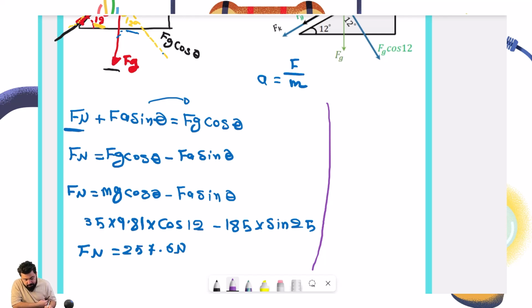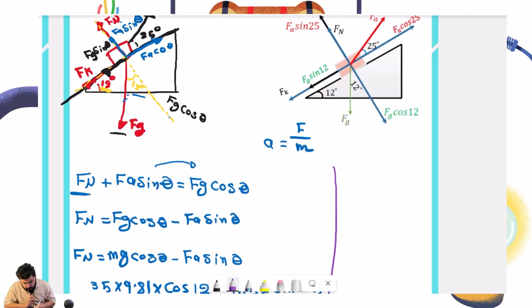We found Fn, and let's find the sum of all the forces on the x-axis. What do we have? Fx is going to be Fa cosine theta, which is on the positive side, minus Fk, minus Fg sine theta.